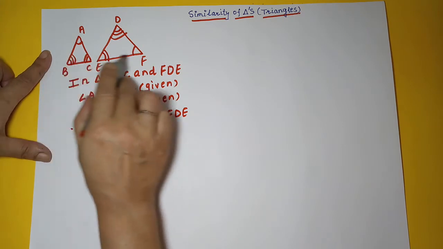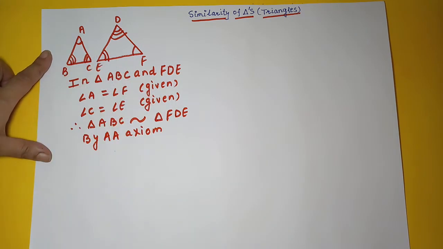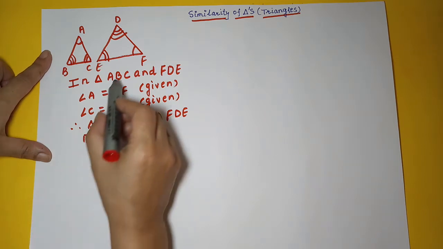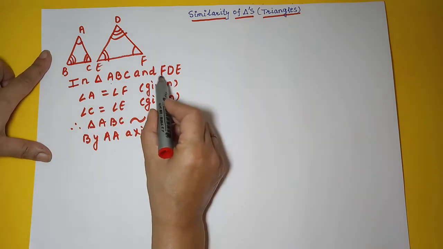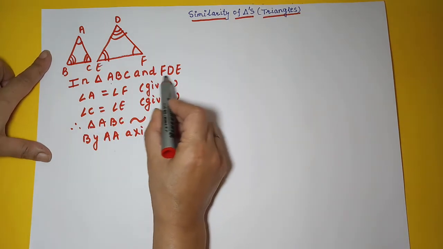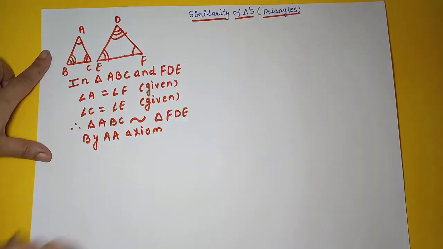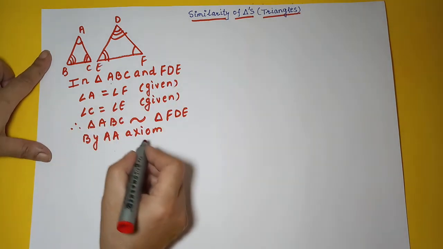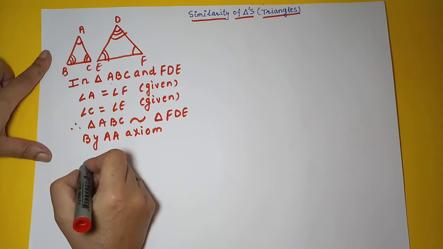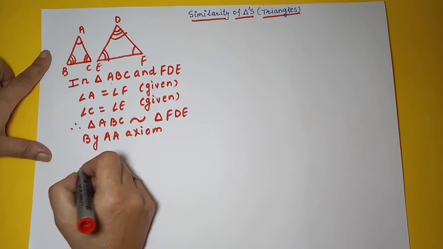So when two triangles are similar, then their corresponding sides are proportional to each other. Now when you write this in the proper order, you won't face any difficulty. See how. As we are saying that the two triangles are similar, therefore their corresponding sides will be proportional.